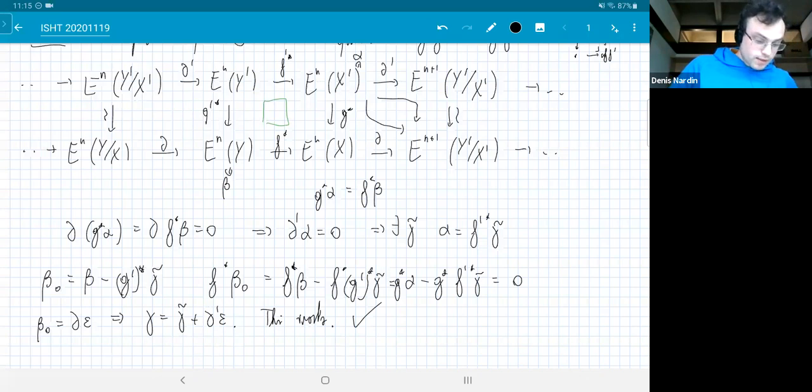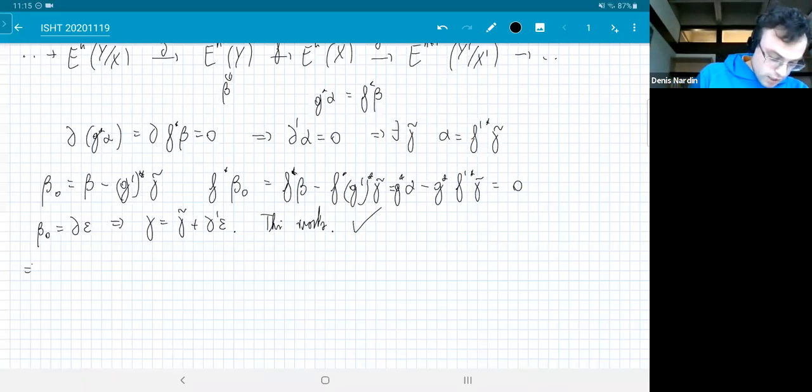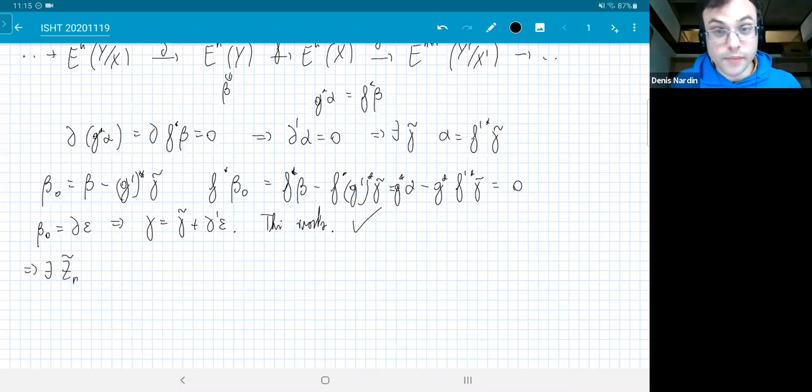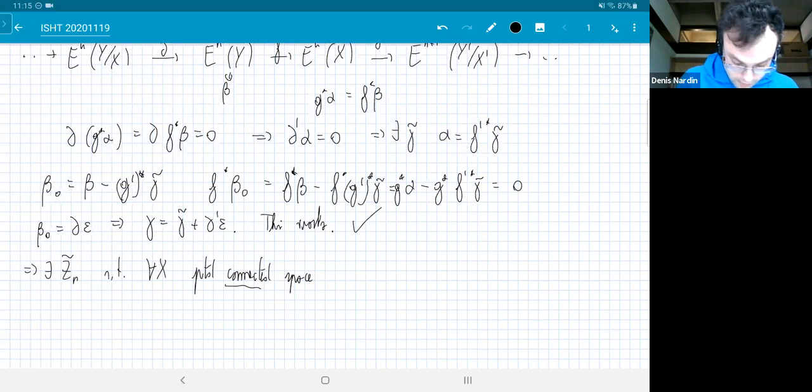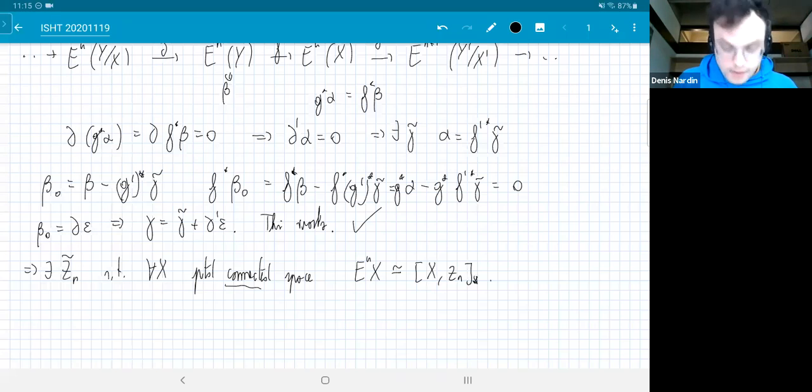So, great. We can apply Brown representability. And so we can find Zn tilde, and you'll see in a second why I'm calling them Zn tilde, such that for every pointed connected space x, En of x is Zn.